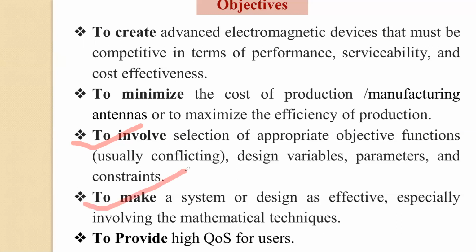Later, to make a system more effective, especially involving mathematical problem situations, to provide high quality of service. So in our antenna optimization, quality of service is the productivity based criterion to satisfy the high quality parameters.